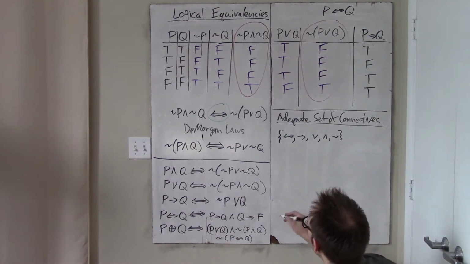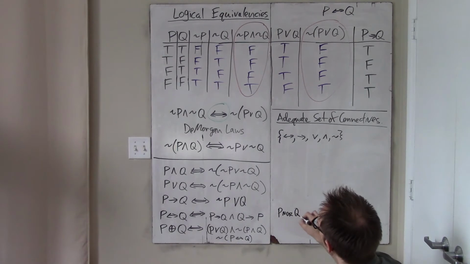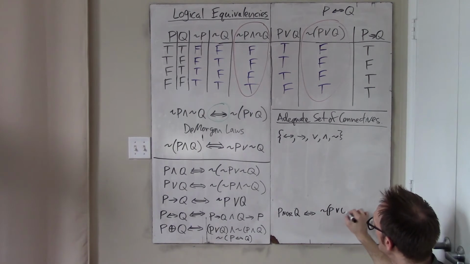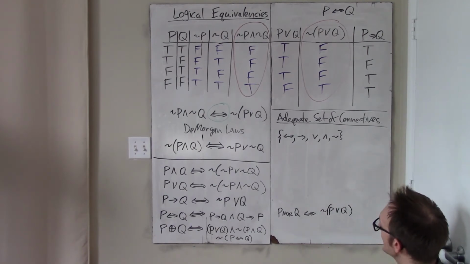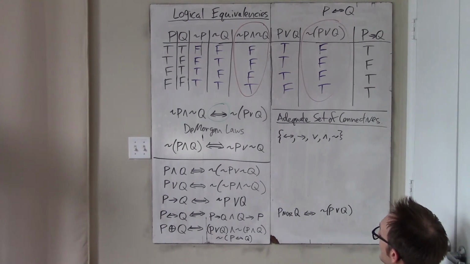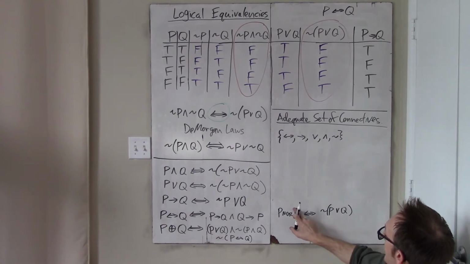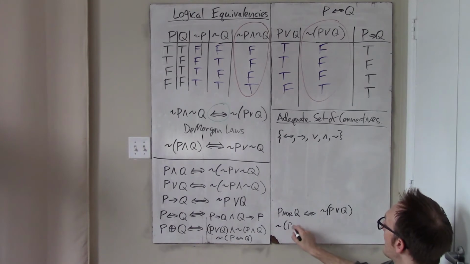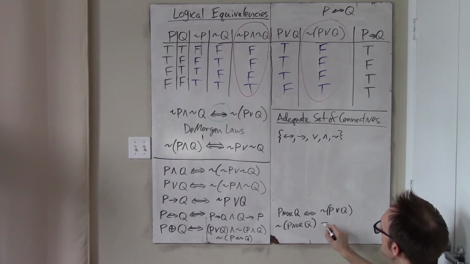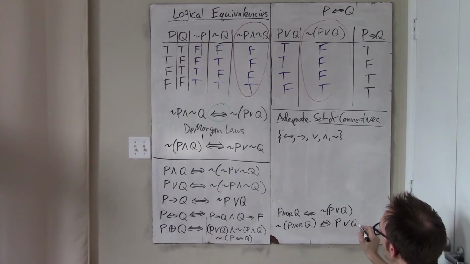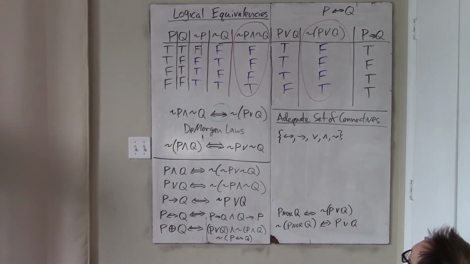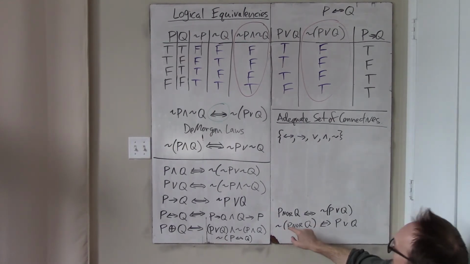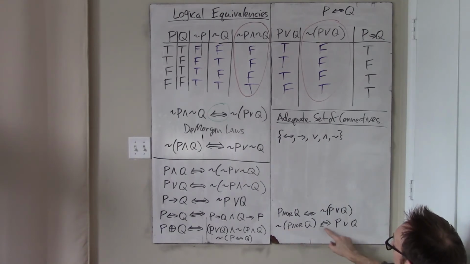Because P nor Q is really just logically equivalent to not P and not Q. But curiously, I don't really need or either if I have nor, because it's also true that not (P nor Q) is logically equivalent to P or Q. That's a little awkward, but it's right: if someone says, it's not the case that you can have neither soup nor salad, then you must be allowed to have at least one of them.